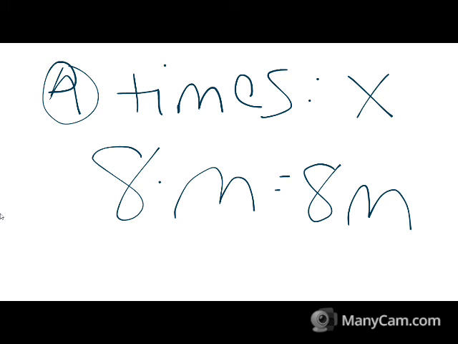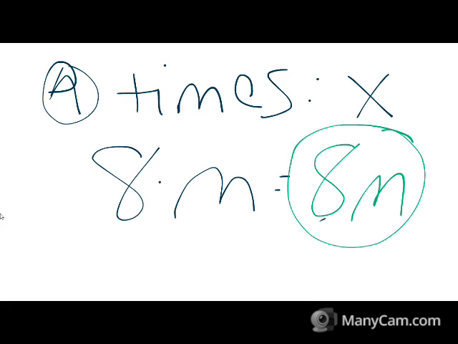If there is no distinct operation sign between a number and a variable, that means that the operation is multiplication. Why don't you write 8n in the blank right there? This whole thing.